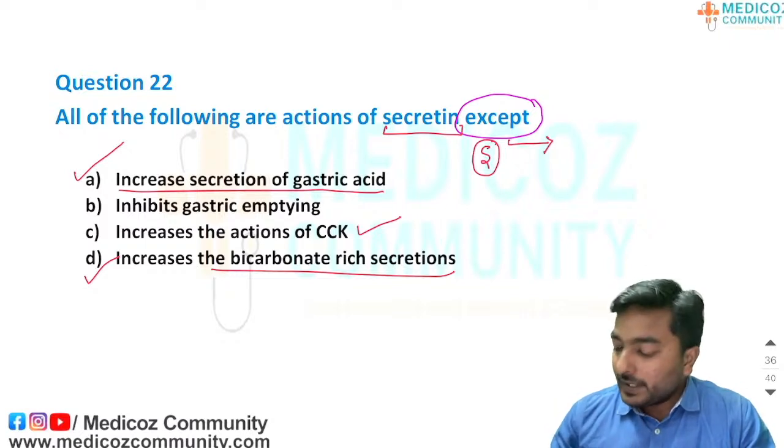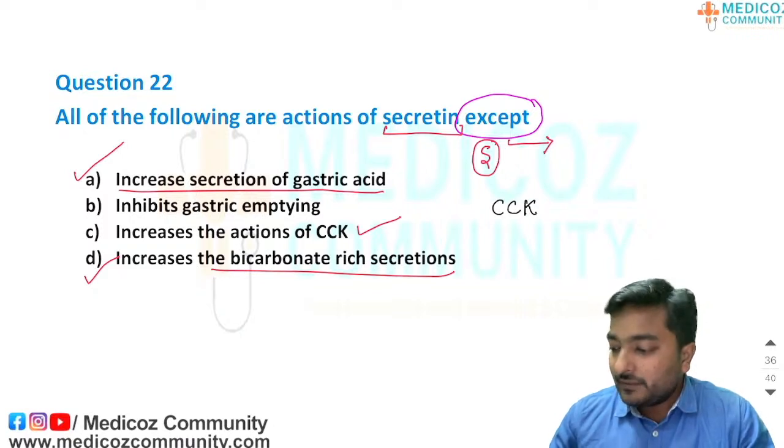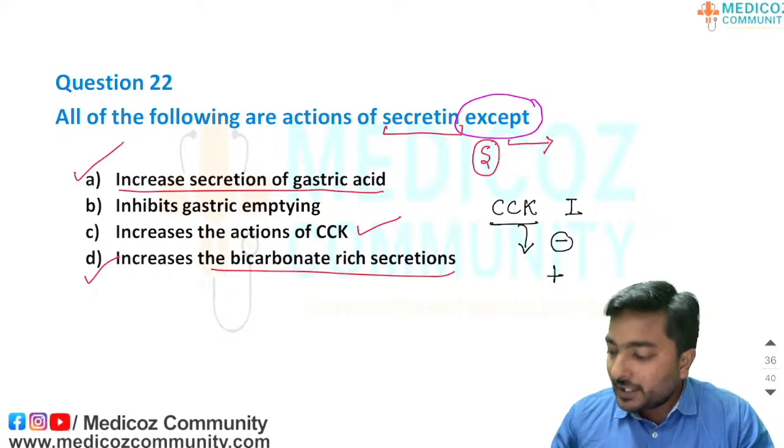But if you take the other hormone, cholecystokinin, which is produced by I cells, it has a permissive role on intestinal motility and is inhibitory to gastric motility.